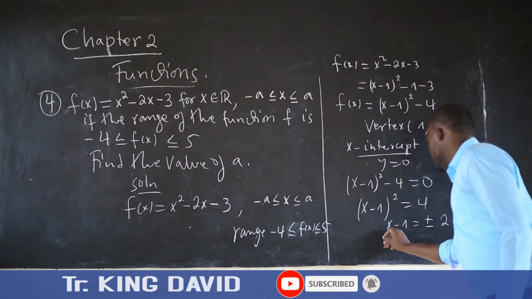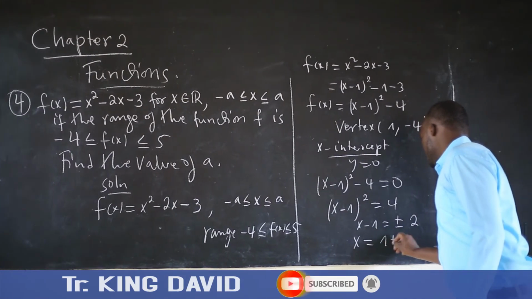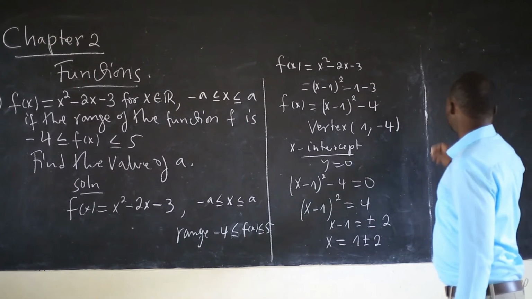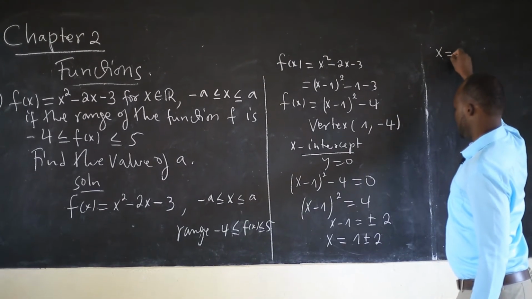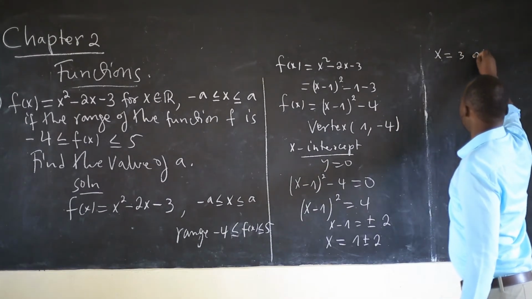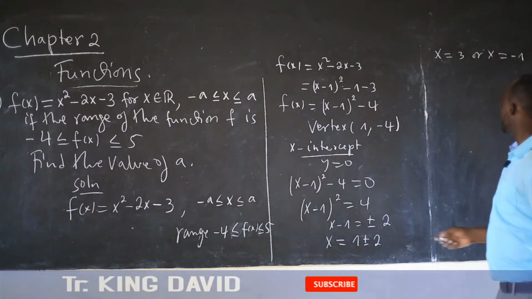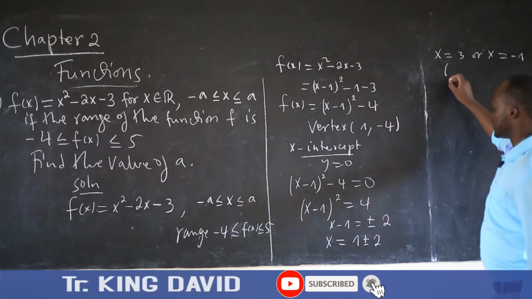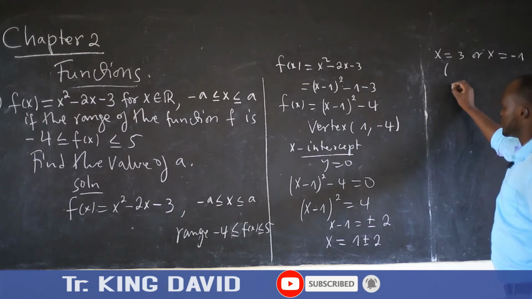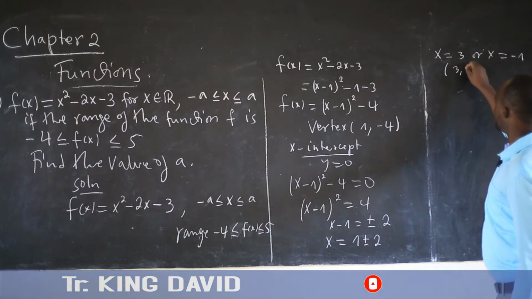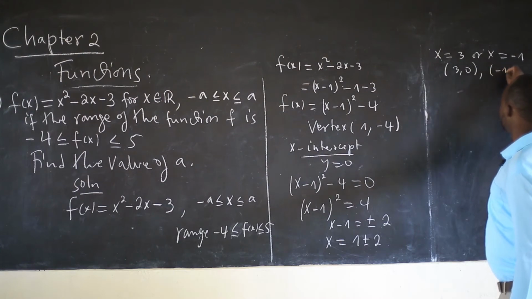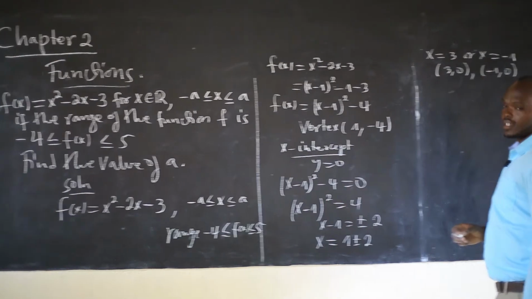So now x is 1 plus or minus 2, so x is equal to 3 or x is equal to -1. 1 minus 3, that's -1. So the x-intercepts are (3, 0) or (-1, 0).